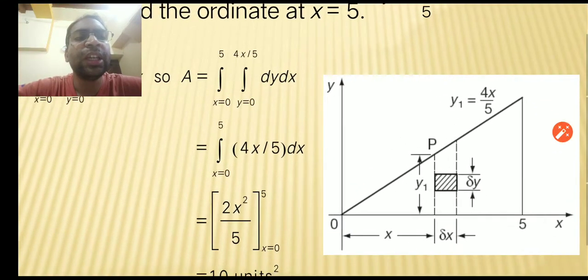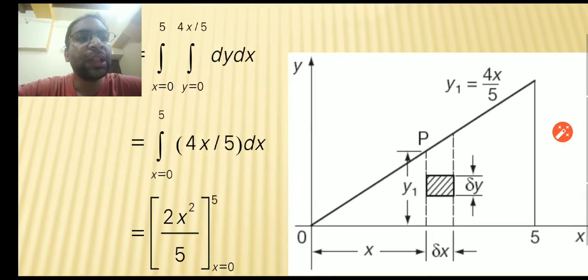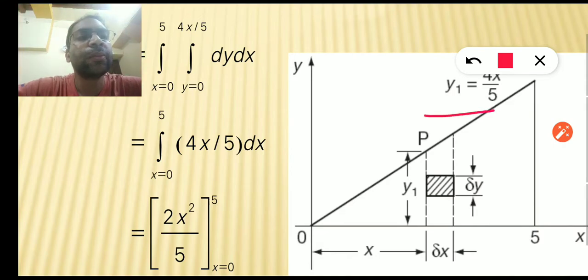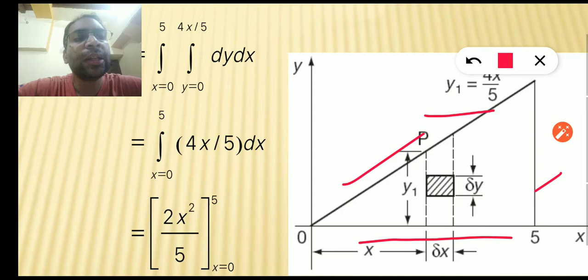So this area is bounded by three boundaries: the line y is equal to 4x upon 5, the line x is equal to 5, and the x-axis. We have to find the area enclosed by these three boundaries. One is this line, the other is this line, and the third one is this line.